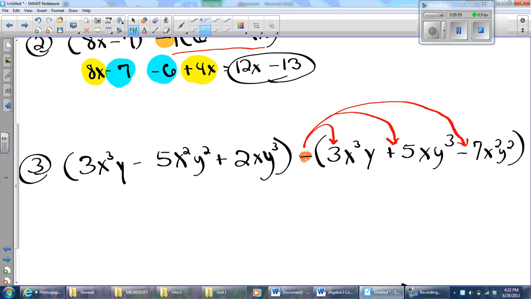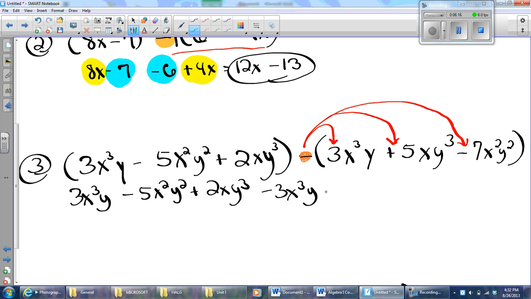Okay, so I'm going to have a 3x cubed y minus a 5x squared y squared plus 2x y cubed minus 3x cubed y minus 5xy cubed plus 7x squared y squared.